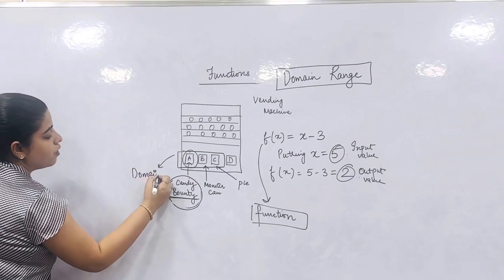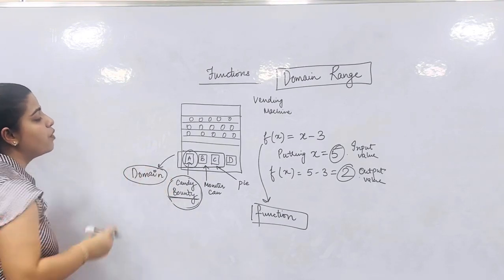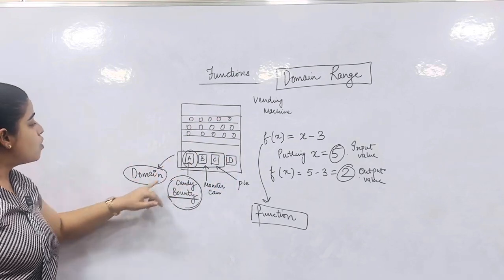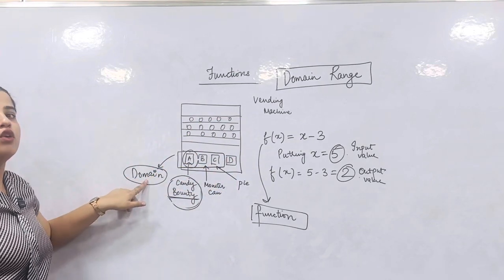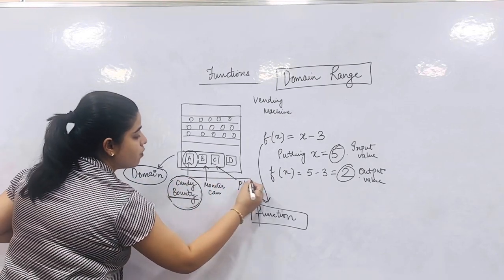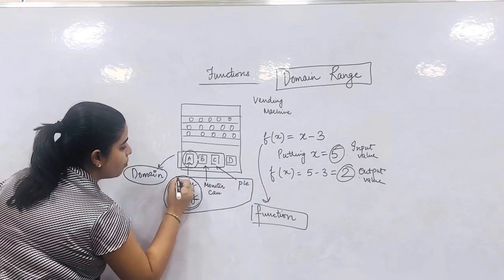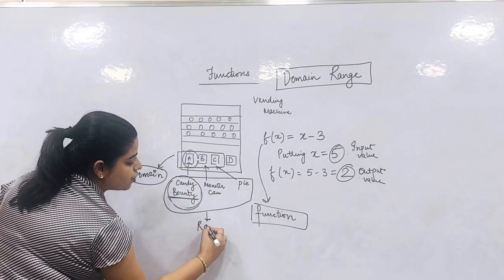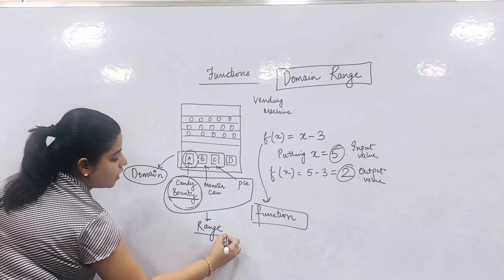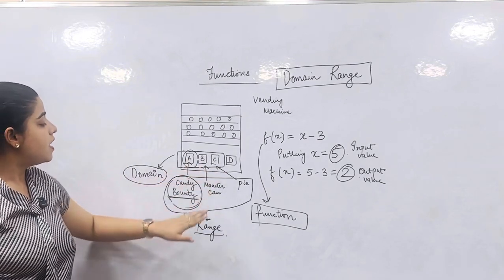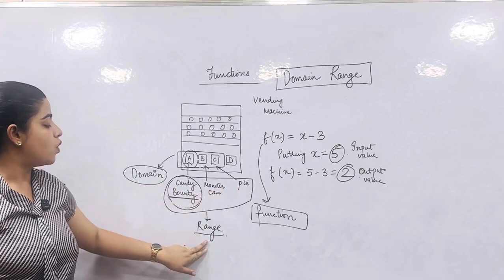Whatever input values you're putting in your function, which is the vending machine, those input values are known as your domain. And whatever products you're getting when you're putting the input values, that is your range.